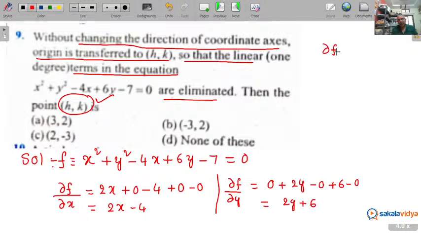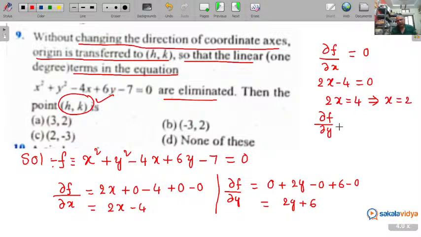So dou f by dou x is equated to 0. So 2x minus 4 is equal to 0. 2x is equal to 4 and x is equal to 2, right. So dou f by dou y is equated to 0. So 2y plus 6 is equal to 0.